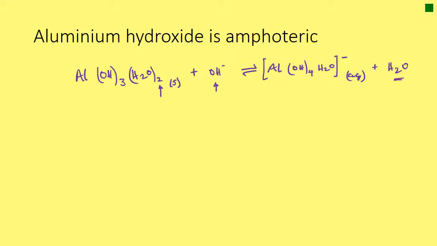And just for the sake of completeness, I'll say that this doesn't happen with the other 3 metal ions. So if we picked iron 3 hydroxide, for example, the exact same thing for iron. If we added hydroxide to that, what we don't get is what I'm writing out now.